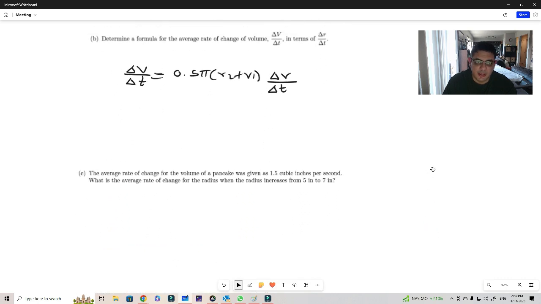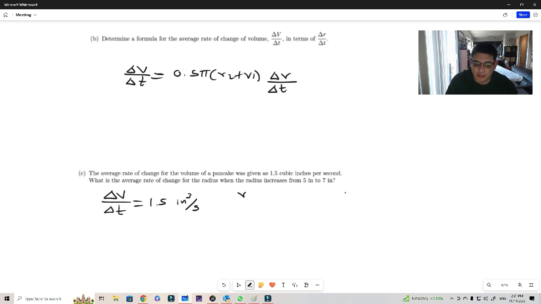Last but not least, this average rate of change for the volume of the pancake was given as 1.5 cubic inches per second. So we're going to use the fact that we know now that dV/dt is 1.5 cubic inches per second. At the same time, it's asking what is the average rate of change of the radius when the radius is increasing from 5 to 7.